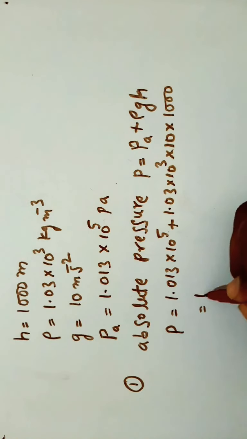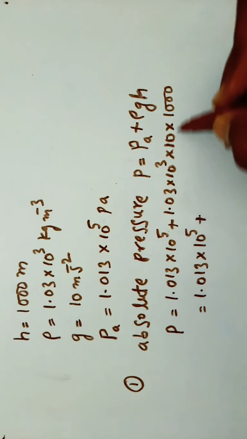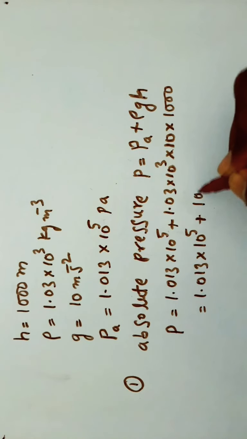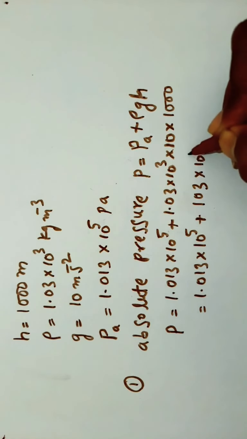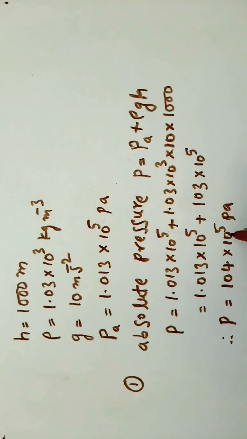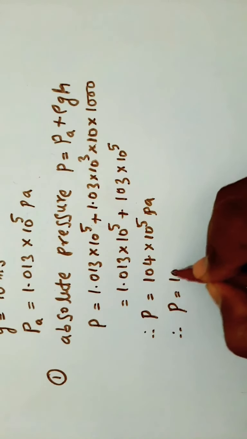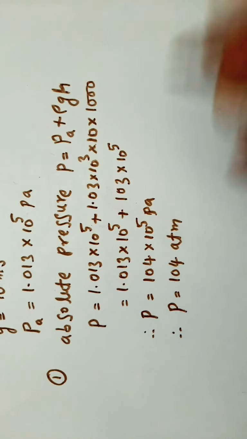So here it is 1.013 into 10 to the power of 5 plus, here we can write this as 103 into 10 to the power of 5 Pascal. So therefore absolute pressure is 103 plus 1, 104 into 10 to the power of 5 Pascal. So 10 to the power of 5 Pascal is equal to 1 atmosphere. So therefore absolute pressure is equal to 104 atmosphere.